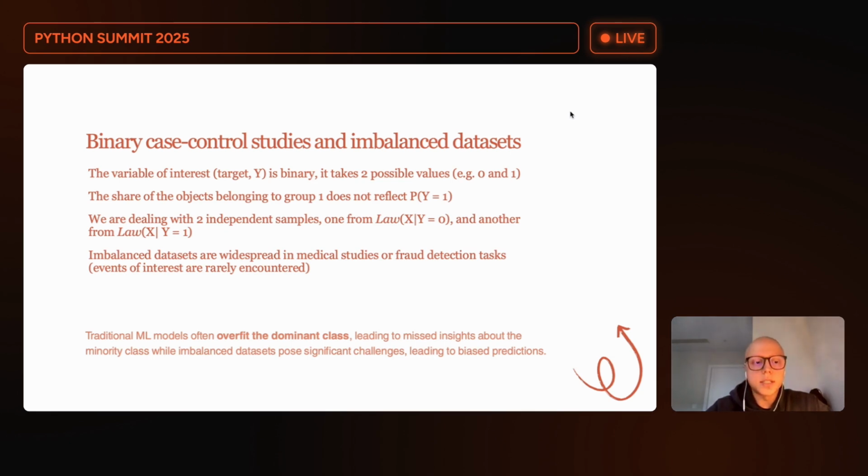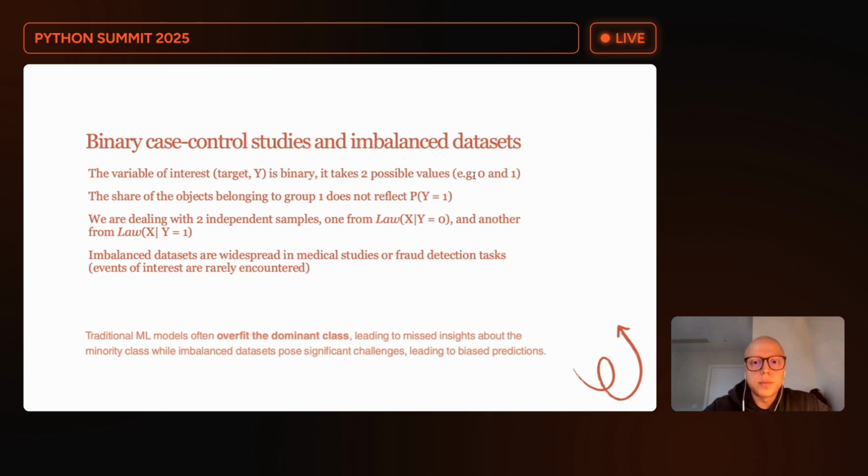because you just selected those patients in a way that half of them represent one group and half of them represent another group. So that means that the share of the objects belonging to some group does not really reflect the probability. And in that case, it's easier to think of such samples as actually two independent samples.